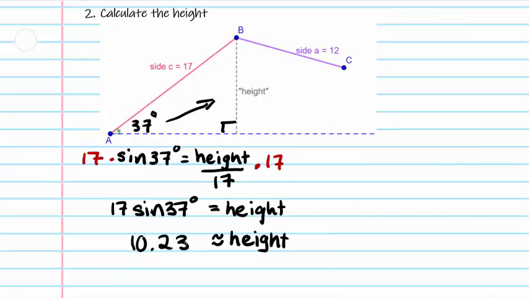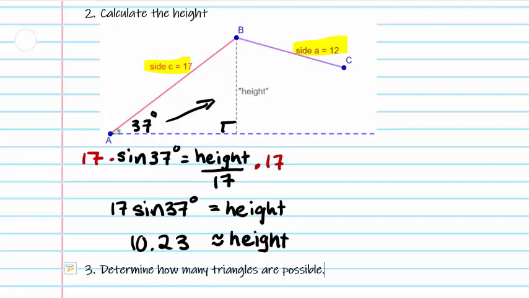Now if you notice here, side A is 12. And so that is longer than the height value, but it's not quite as long as the other given side length, which is side C, which is equal to 17.